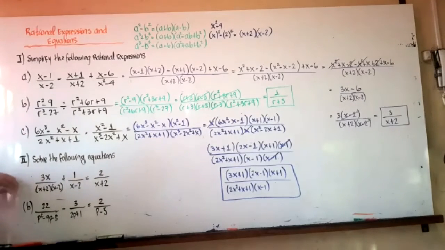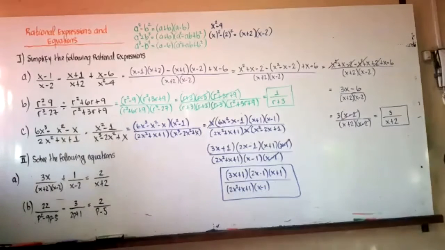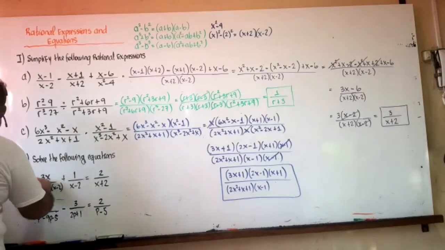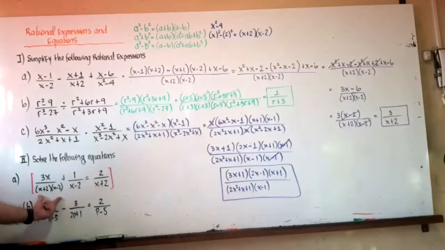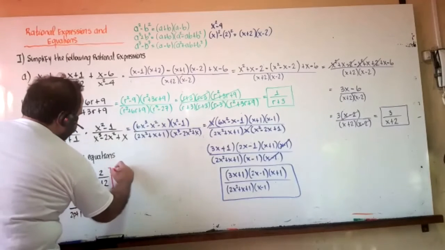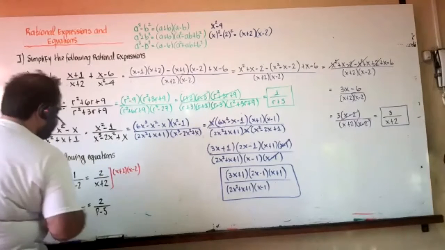If you really want to solve these rational equations in a quick mode, the only thing that we have to do in this situation is multiply the numerator and denominator by the same denominator located over here. I mean, because it repeats the fraction, x plus 2, x minus 2.